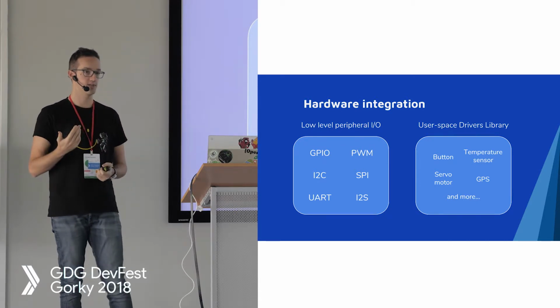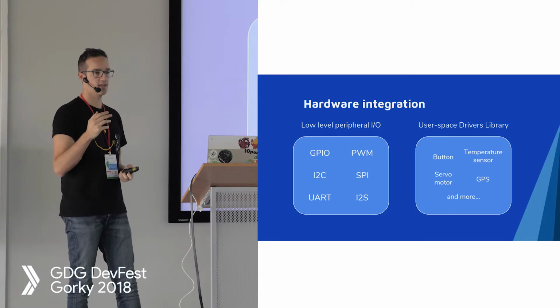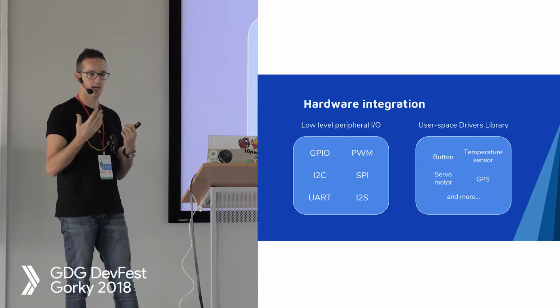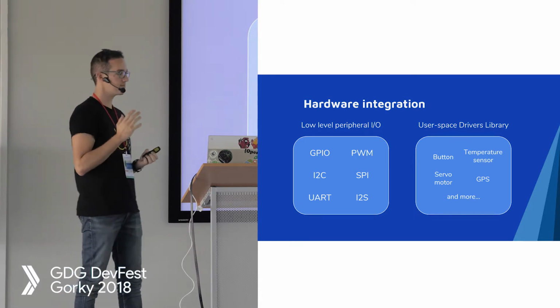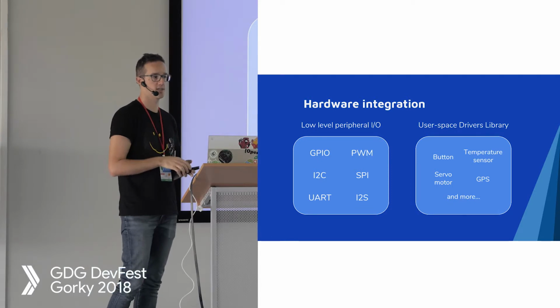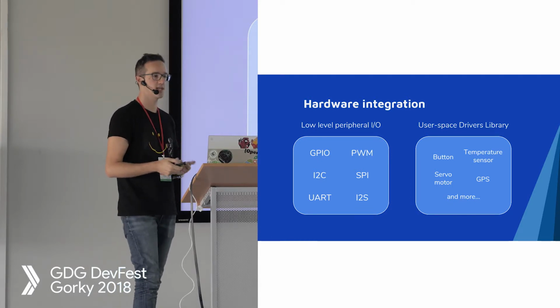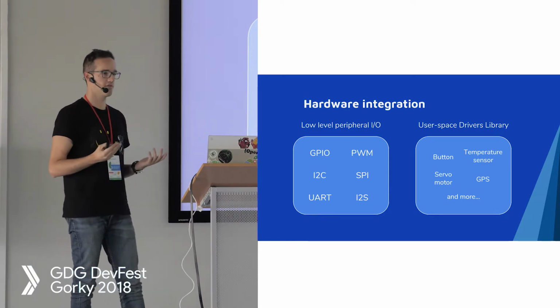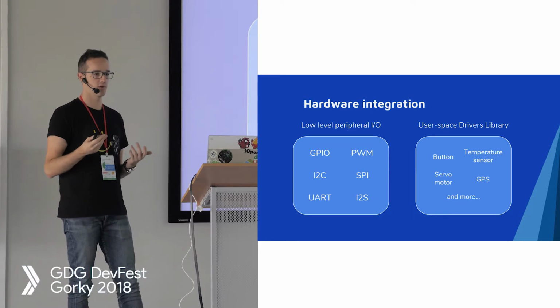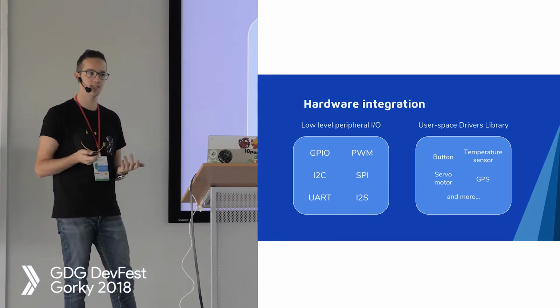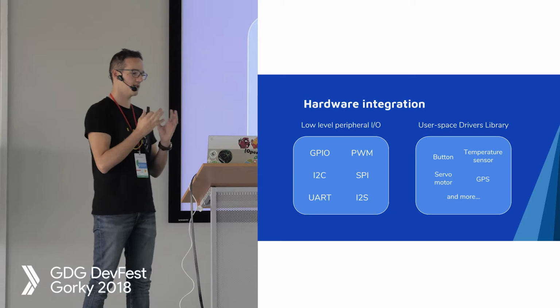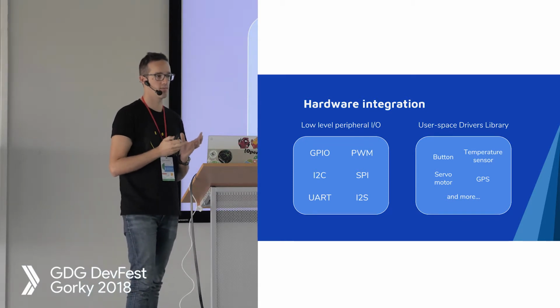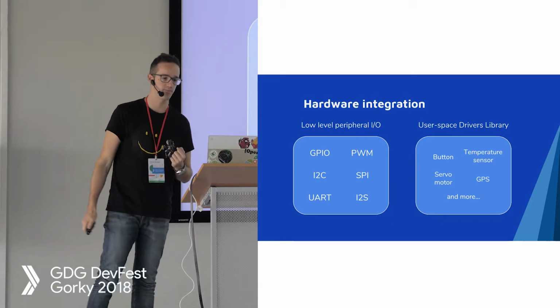But using a user space driver, you can just call it and interact with it like it was a library, like it was a Java or Kotlin object. So it's going to make your development cycle way, way easier. These drivers can be found in a lot of forms, mostly through open source libraries, but Google is trying to collect all of them into a single library, which is available on GitHub.